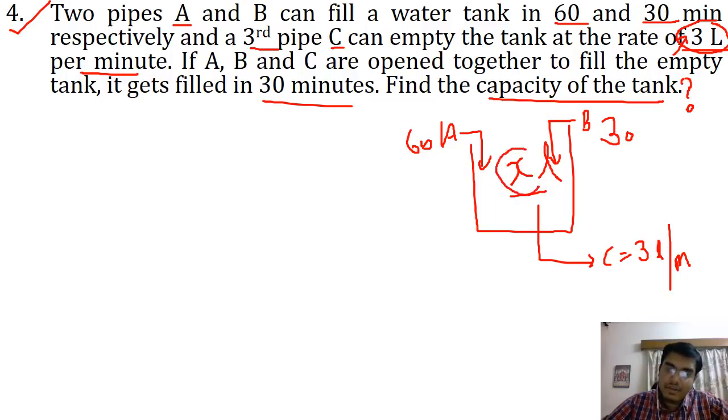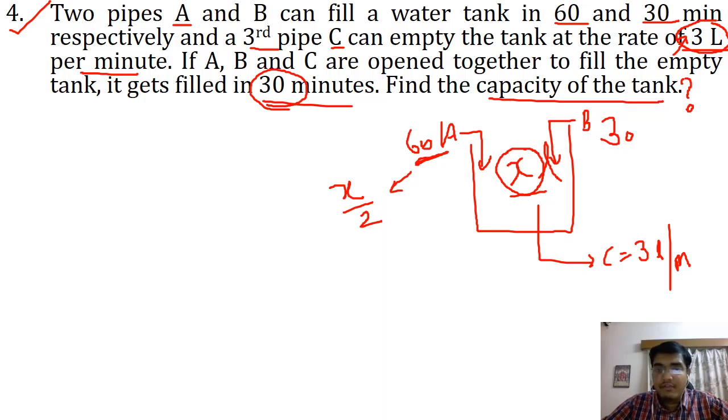X liters of water can be filled in 60 minutes by pipe A. So when it is working for 30 minutes, can I say that it will be able to fill half the capacity? Because it takes 60 minutes to fill completely, so it will fill X by 2, right?